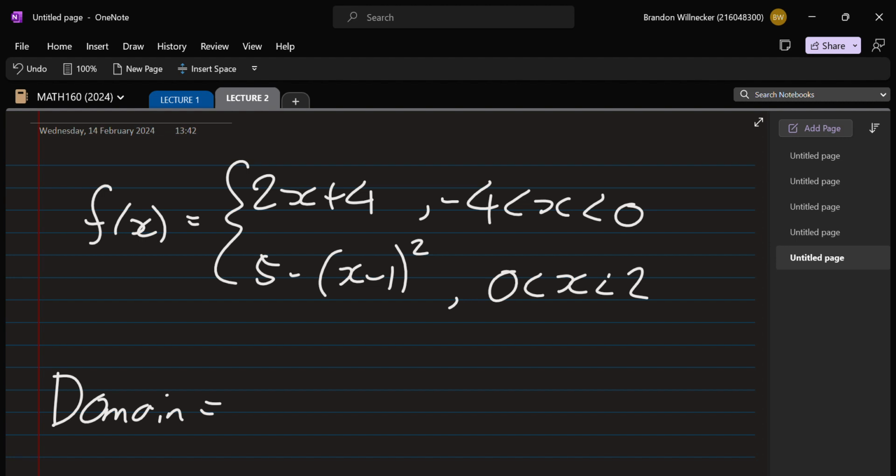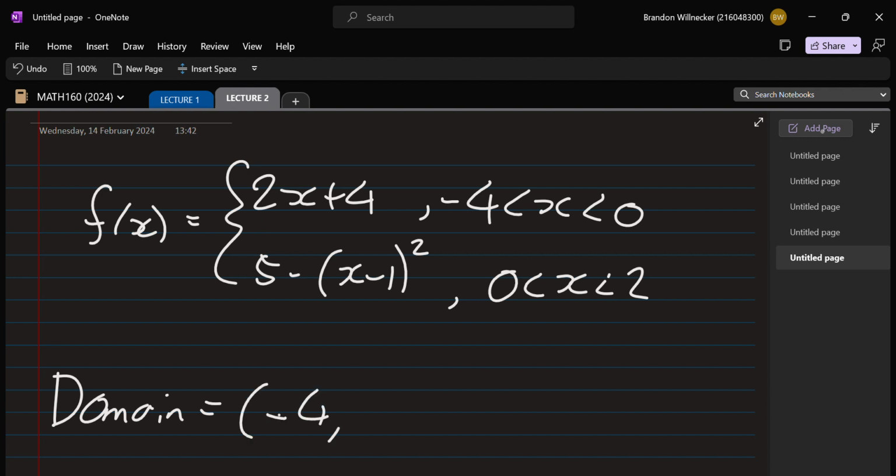Have a look at the strict inequalities there. None of those values on the boundary are included. So it will be -4 to 0, and then 0 to 2, not including any of those endpoints.